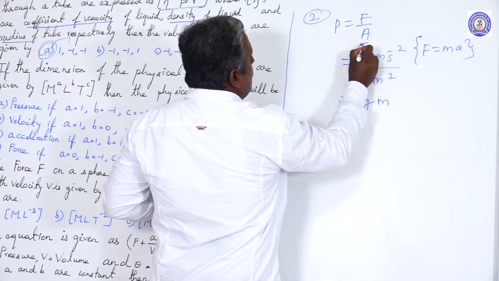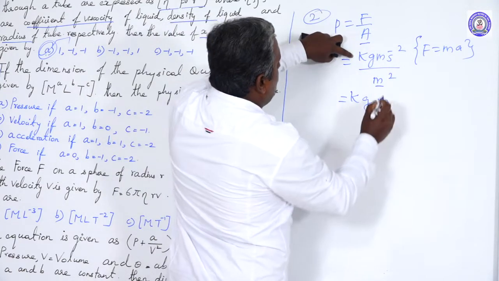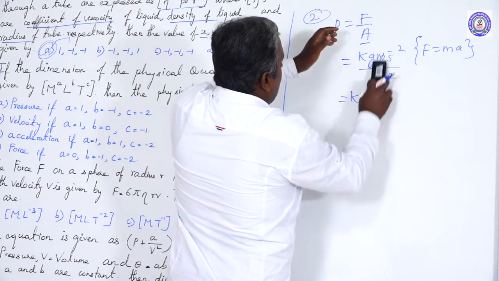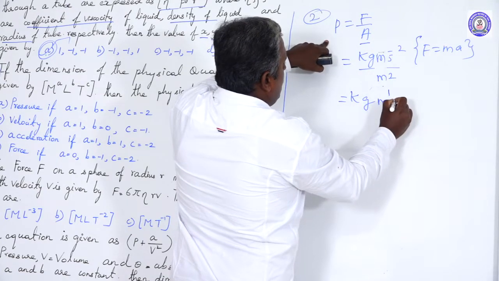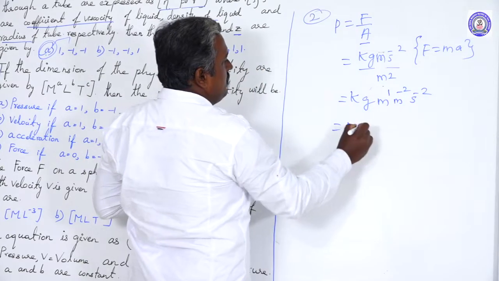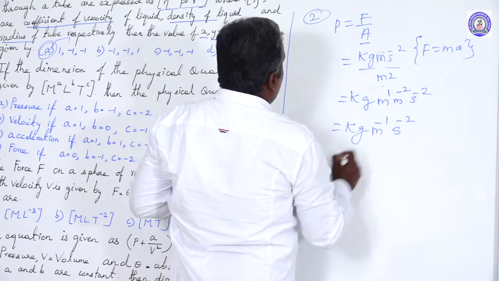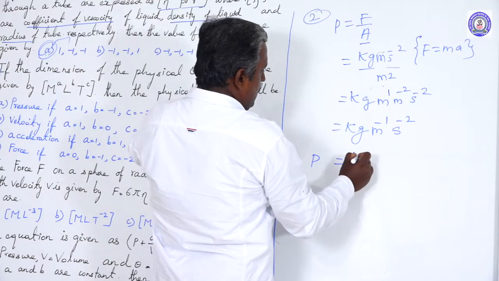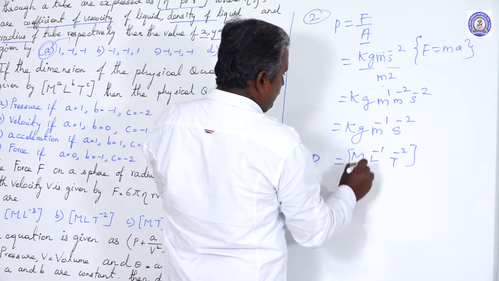Area, unit meter square. So kilogram meter power minus 1 second power minus 2. Dimensional formula for pressure: M L power minus 1 T power minus 2.